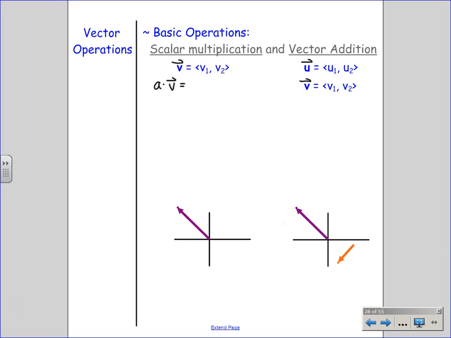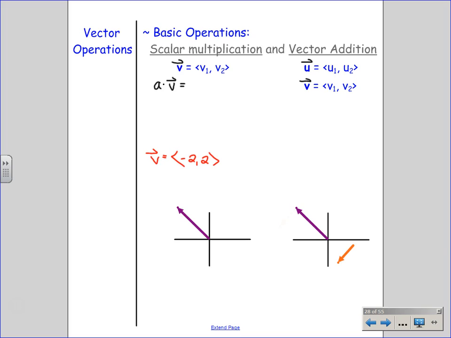Anybody just want to take a guess as to what you think you do to the components? Let me give you an example. What if this vector down here had something like negative 2, 2? Could that make sense? Left 2, up 2? Sure.